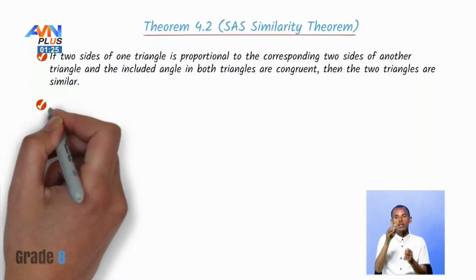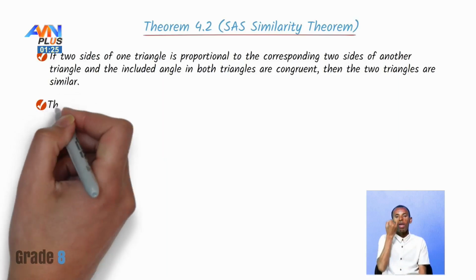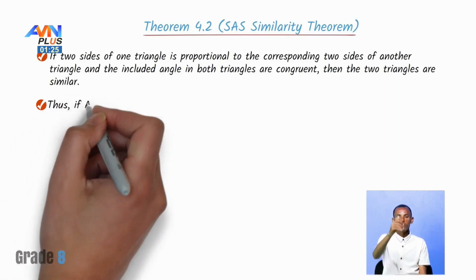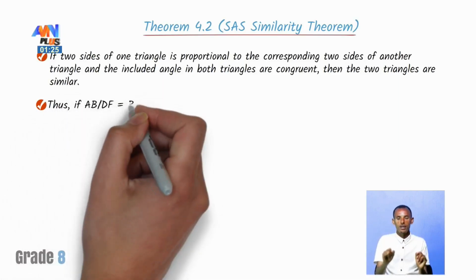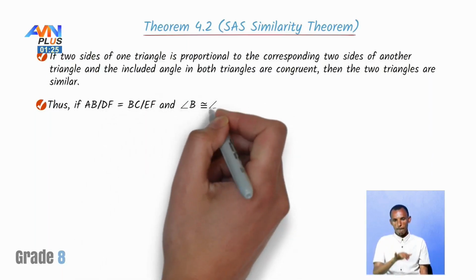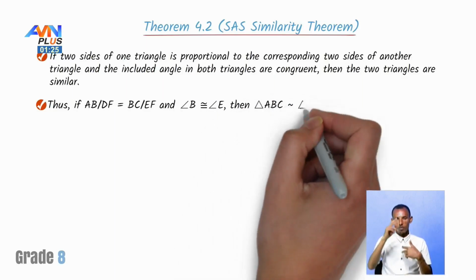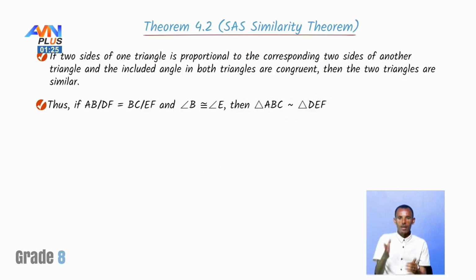So shortly we can write like this. Thus, if AB over DE is the same as BC over EF, okay, we need to have two proportional sides, and the included angles, angle B and angle E, are congruent, then triangle ABC is similar to triangle DEF.